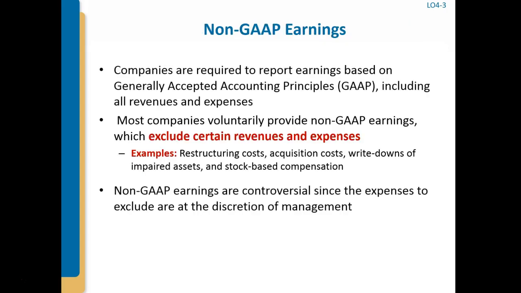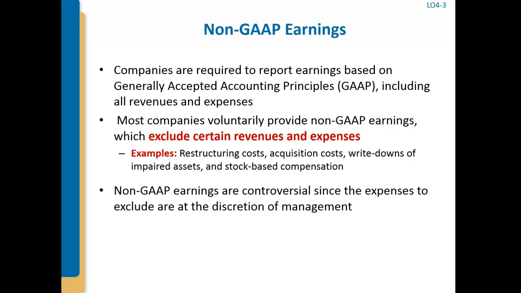Companies are required to report earnings based on generally accepted accounting principles. This number includes all revenues and expenses. Most companies, however, voluntarily provide non-GAAP earnings when they announce annual or quarterly earnings. So non-GAAP earnings exclude certain expenses and sometimes certain revenues.